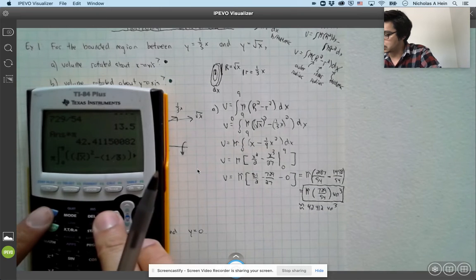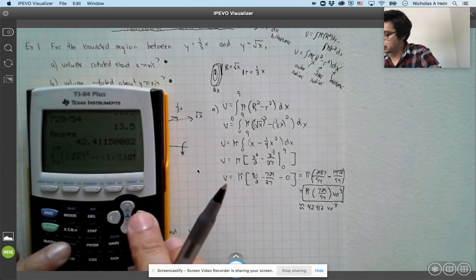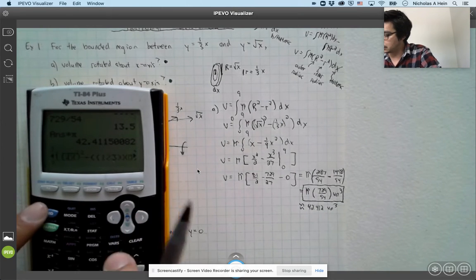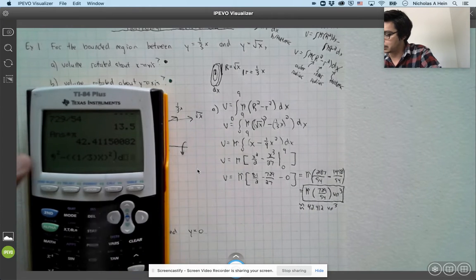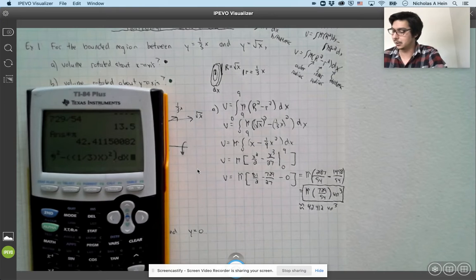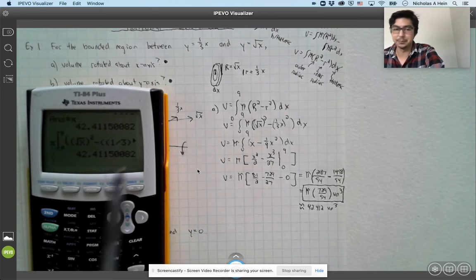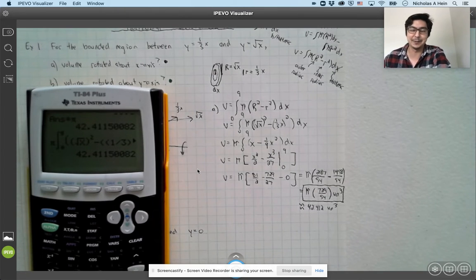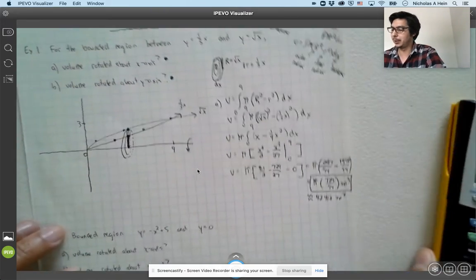I'm going to put parentheses around 1/3 x there, and all of that is squared. So that's your outer radius squared minus your inner radius squared dx. And hopefully I got this. Good, I did. Whew, I was hoping I didn't have to redo this video. All right, so there's your volume rotated about the x-axis.